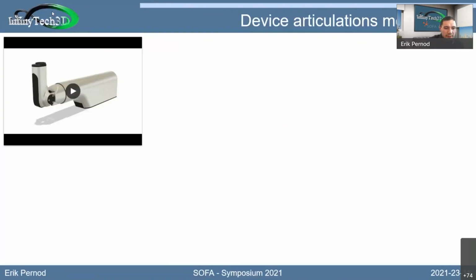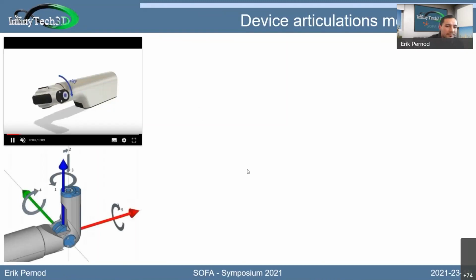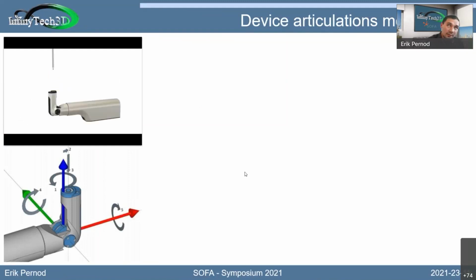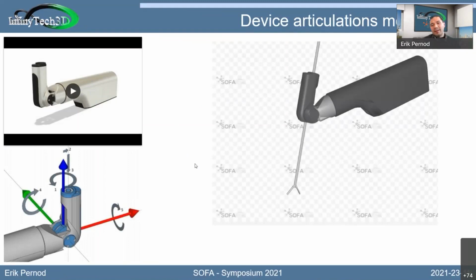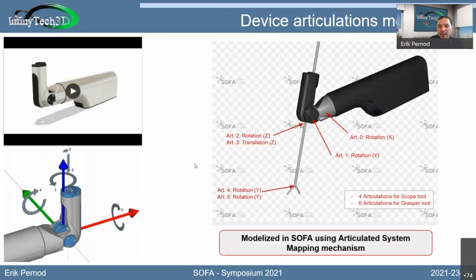Now, how it works in SOFA. Basically, here is a type of articulation that you can do. This is represented in SOFA using the articulated system mapping mechanism, where you have first two rotations on the base and a different rotation. Then where you insert the tool, you have a rotation and a translation also.